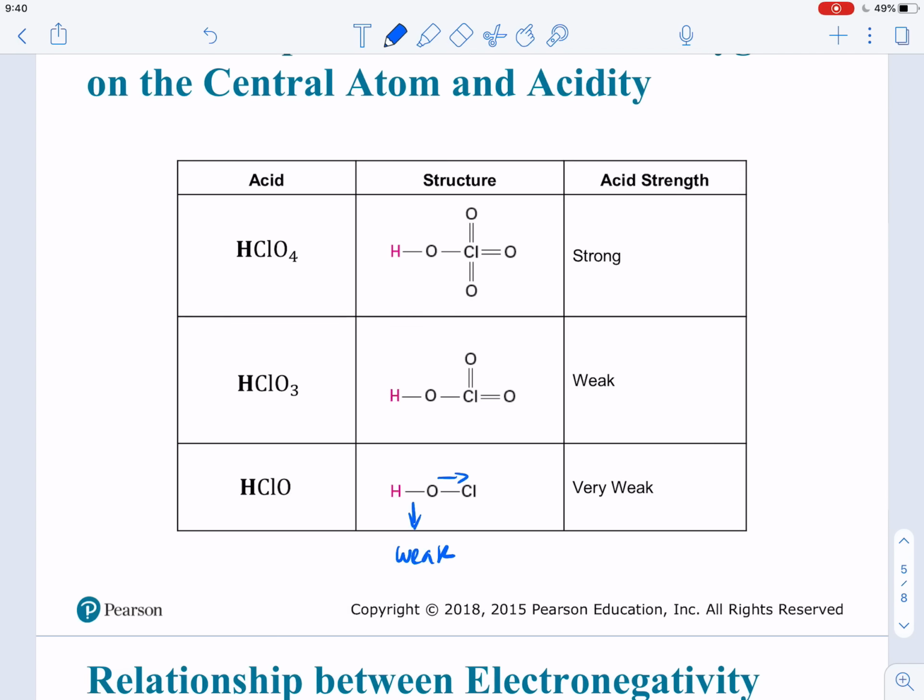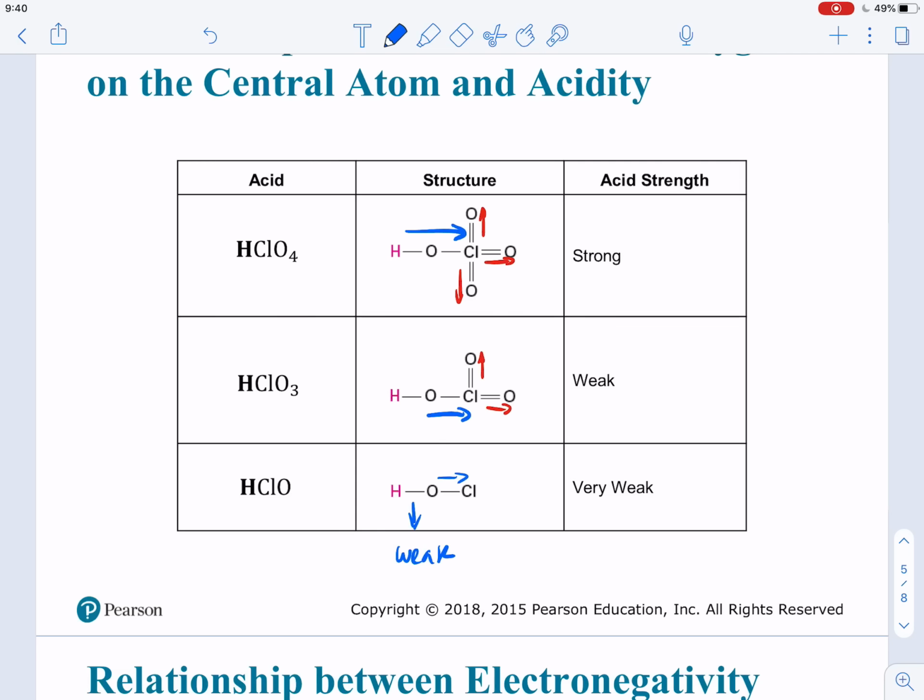So now what happens if you start putting more oxygens around that central atom, around that chlorine? Well, those extra oxygens there are actually helping chlorine do a better job, because here these oxygens will be pulling electron density toward themselves, and in doing so, this chlorine would be better able to pull electrons from that oxygen attached to the hydrogen, and in this case with 3, well, even more so.